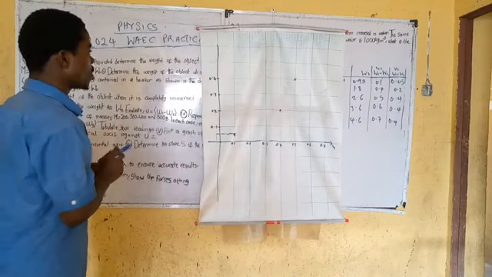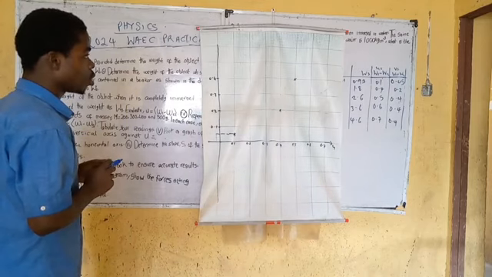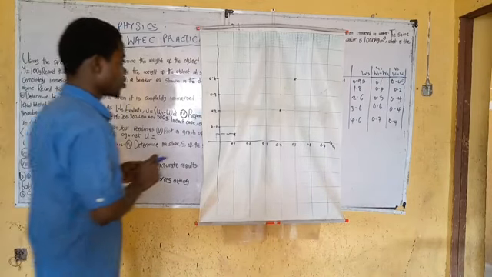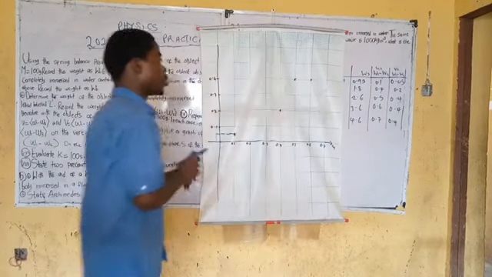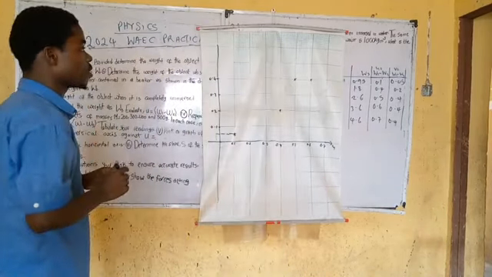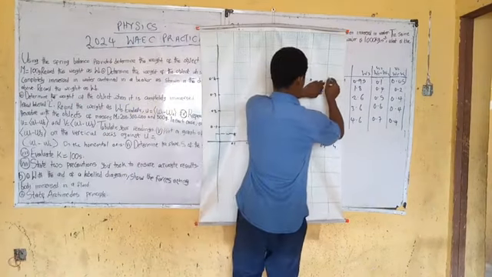Also, we are plotting 0.4 on the vertical axis with 0.6. So we also draw a straight line again. And then we are also plotting 0.4 on the vertical axis with 0.7. So we draw a line again.